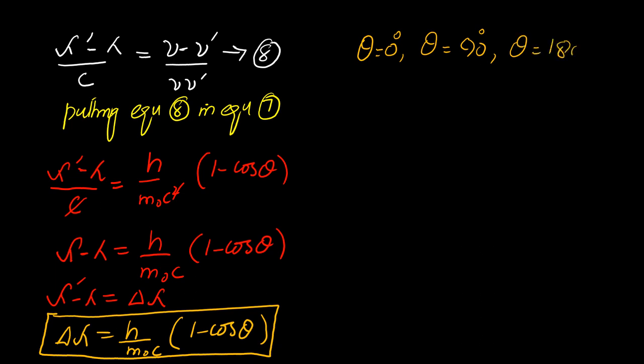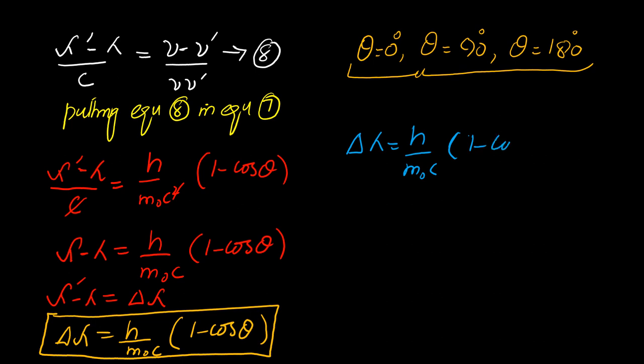So on the basis of that, the interaction of a photon with an electron and the scattering along different angles can be easily calculated by the equation derived for the Compton shift in wavelength, which is h divided by m naught c into 1 minus cos of theta.